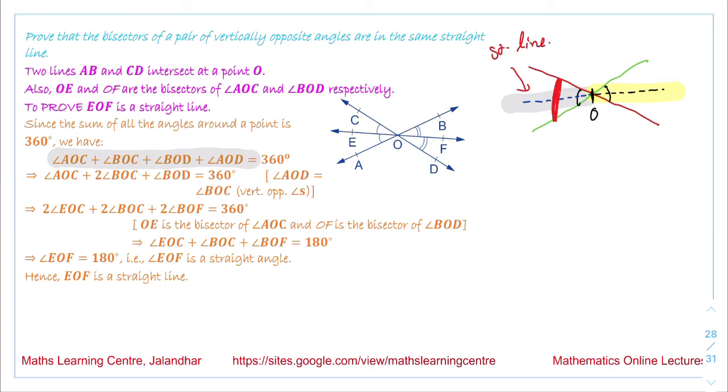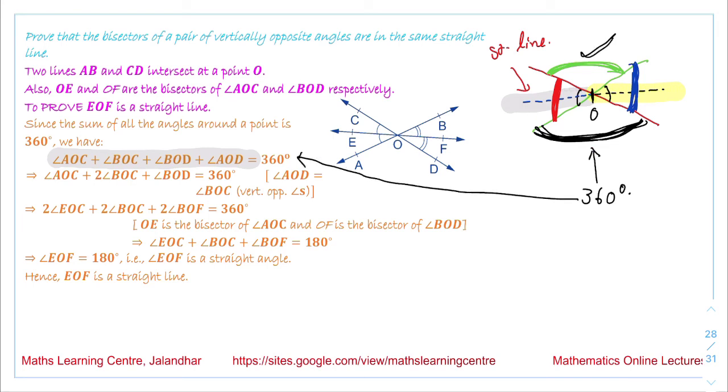Angle BOC is this next angle, plus angle BOD is this next angle, and last we have this angle. The sum of all these angles is 360 degrees.